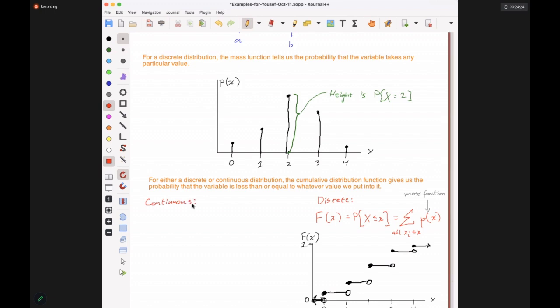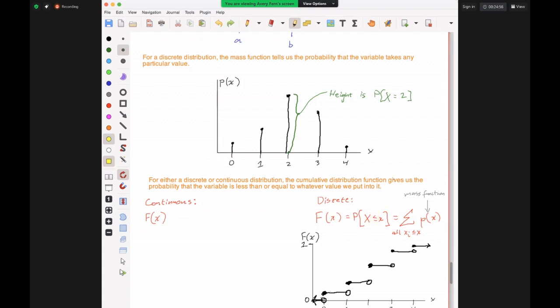The difference between what and what? Well, the important thing here is that we're looking at a less than or equal to.